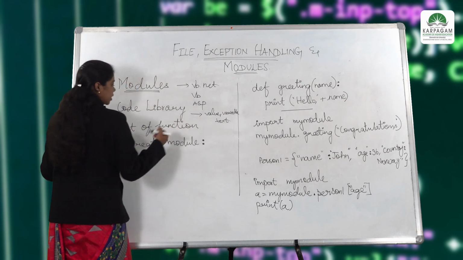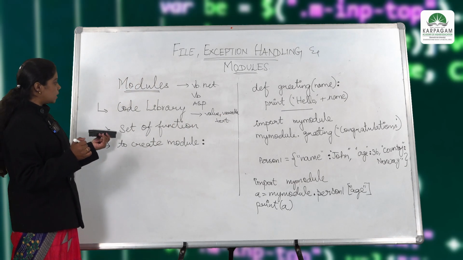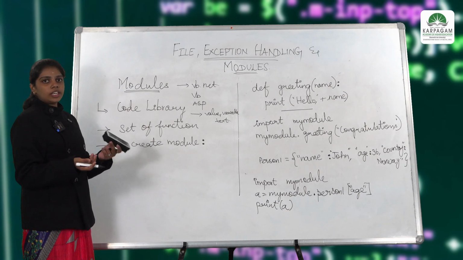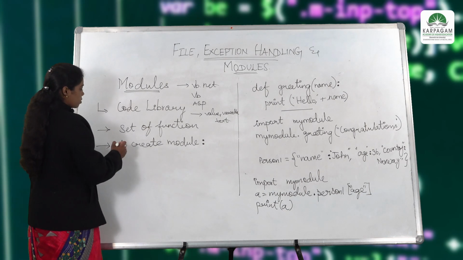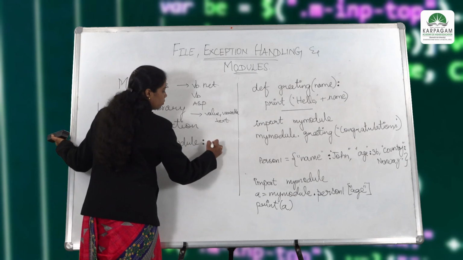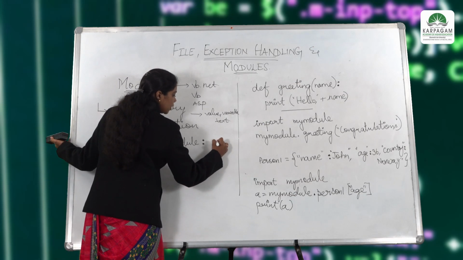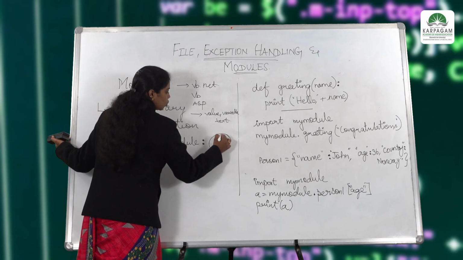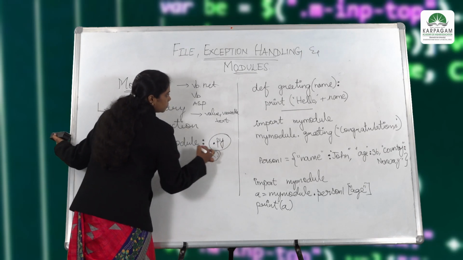It contains a set of functions which we can include in our applications. To create the module, we have to save the file using the .py extension. This is very important.